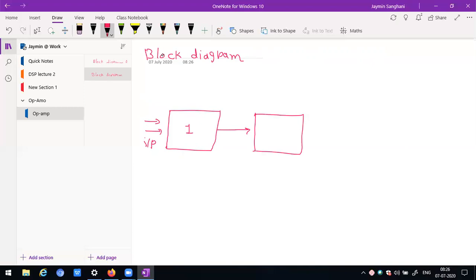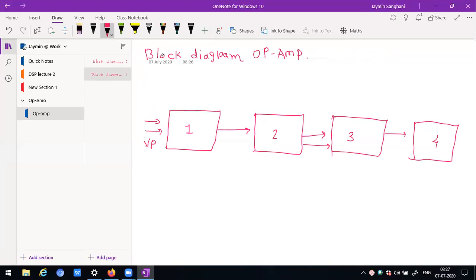It is known as second block, third block, fourth block. There are four different blocks that can be present inside the op-amp.